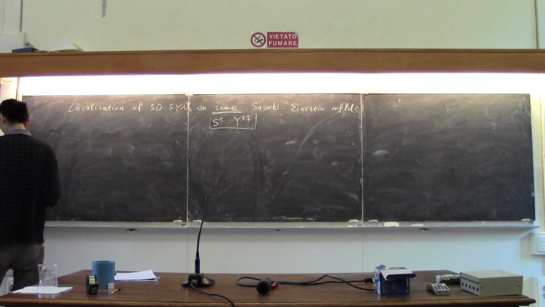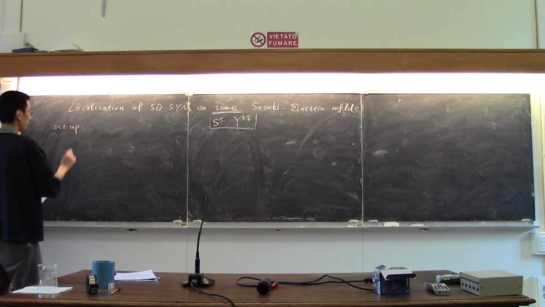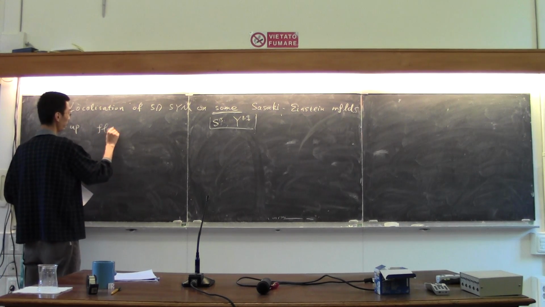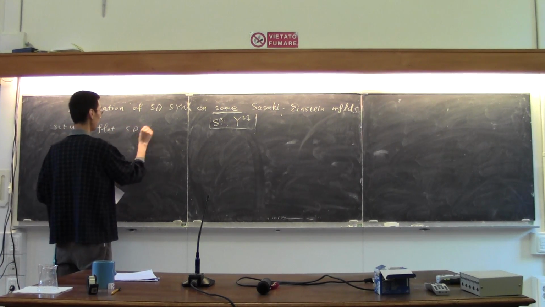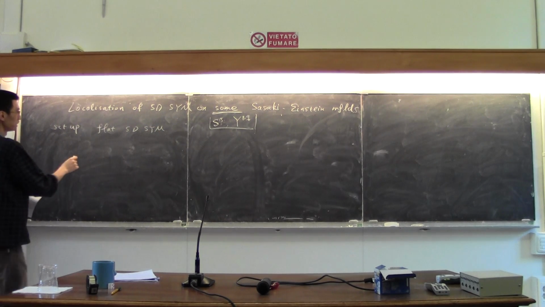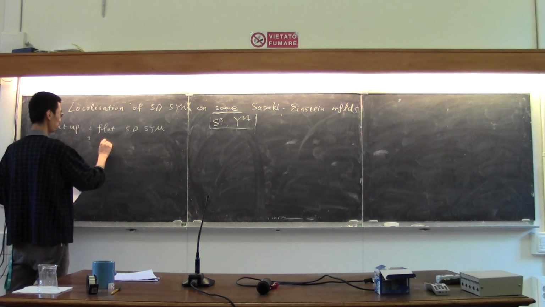So I'll divide my lecture into 3 parts. First of all is just the setup. I'll start from just looking at flat 5D super Yang-Mills, and then I'll move on to curved space.